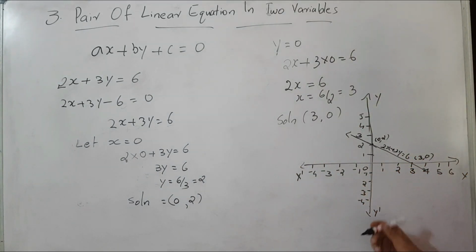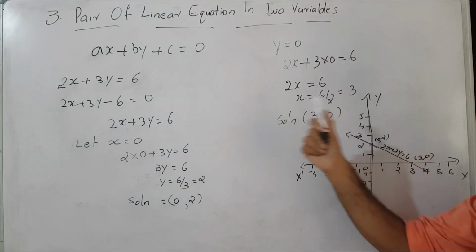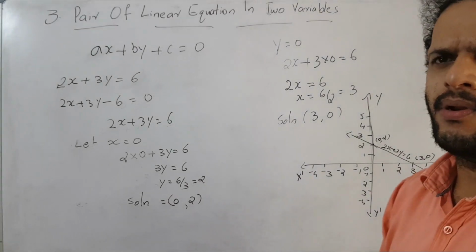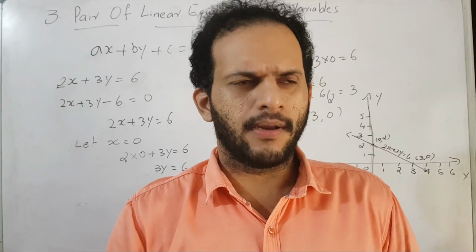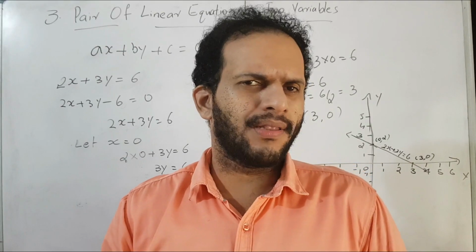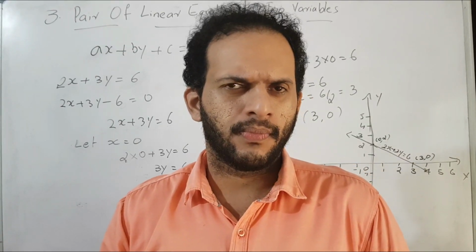We know that the graph of a linear equation is always a straight line, correct? In all cases we get a straight line.